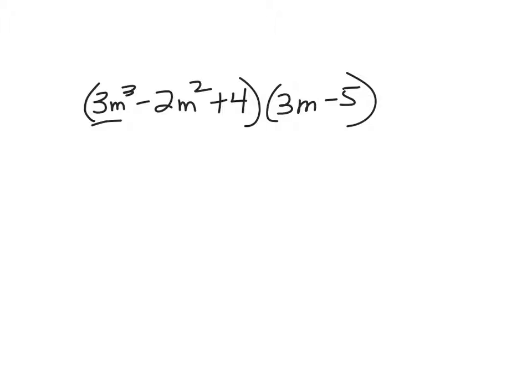3m cubed times 3m would be 9m to the 4th. And 3m cubed times negative 5 would be negative 15m cubed. And I'm done with the 3m cubed.